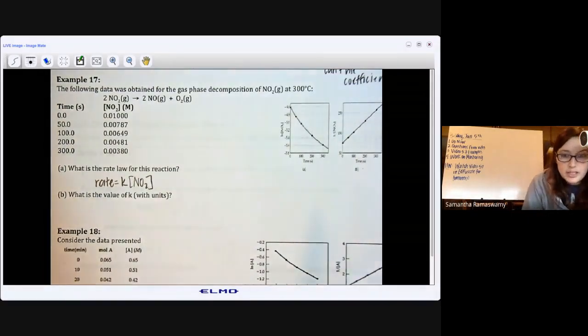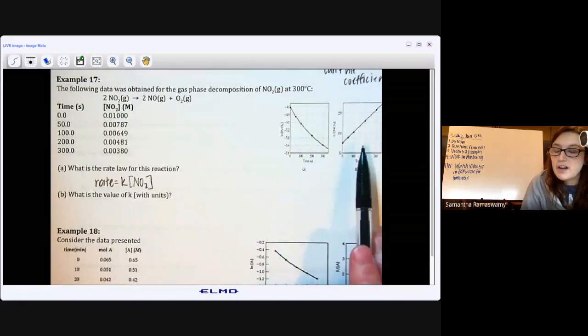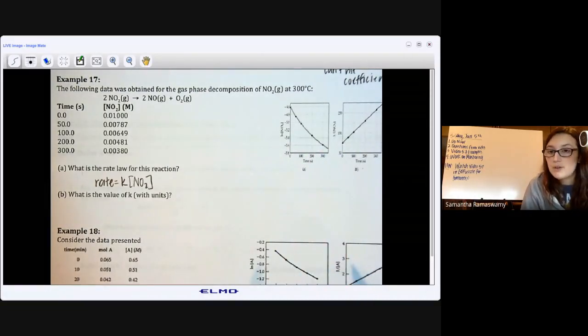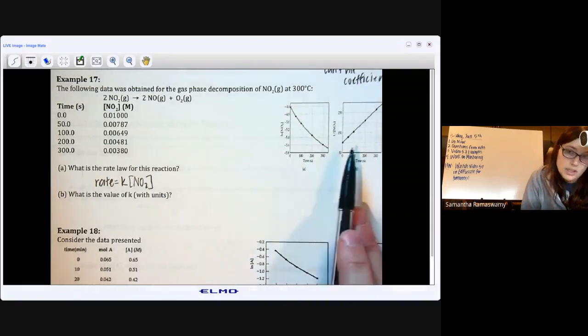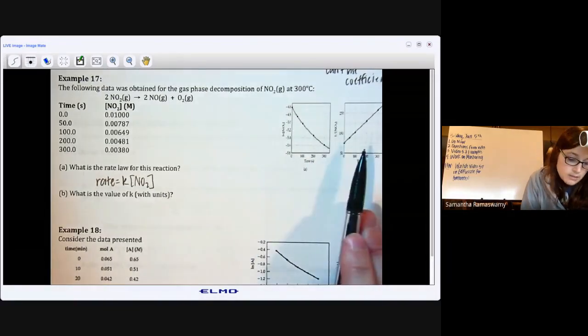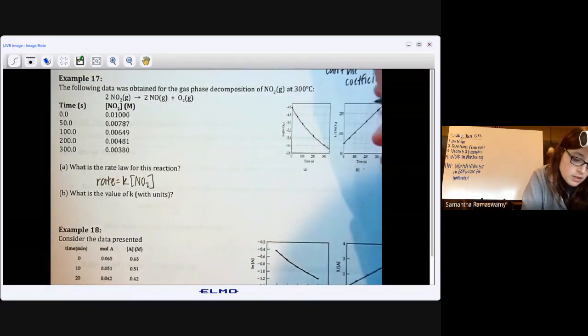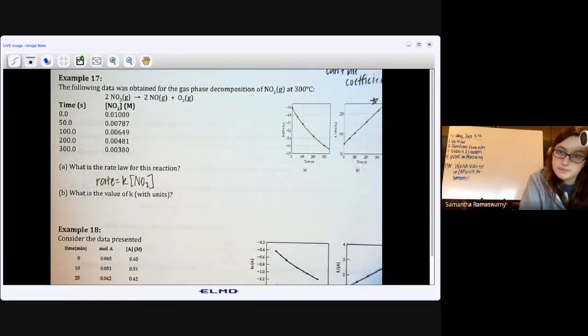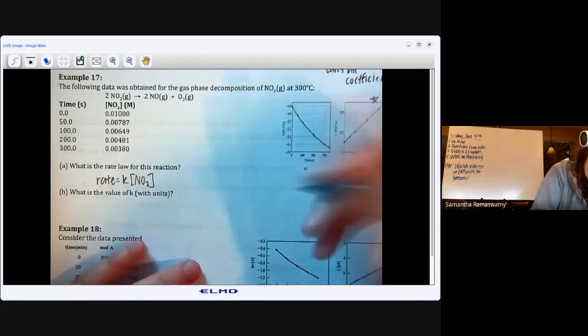So I need to look at the graphs over here to figure out the order of NO2. I'm still using the data to figure out the order of the reaction. Based on these two, the straightest line is 1 over concentration of NO2 versus time.